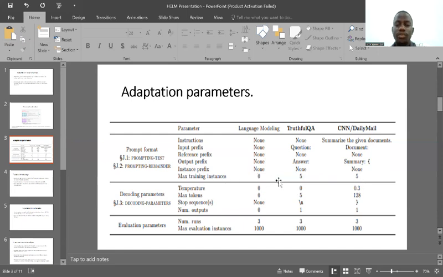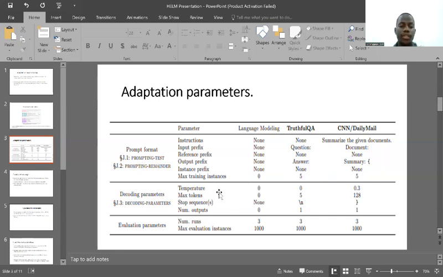These will be 0 for language modeling, then truthful question answering. This one, the instances, means that we shall train the model on this number of instances, whereby here we have 5 and here we have 5 also. Based on these inputs, we shall train this model on these inputs 5 times.